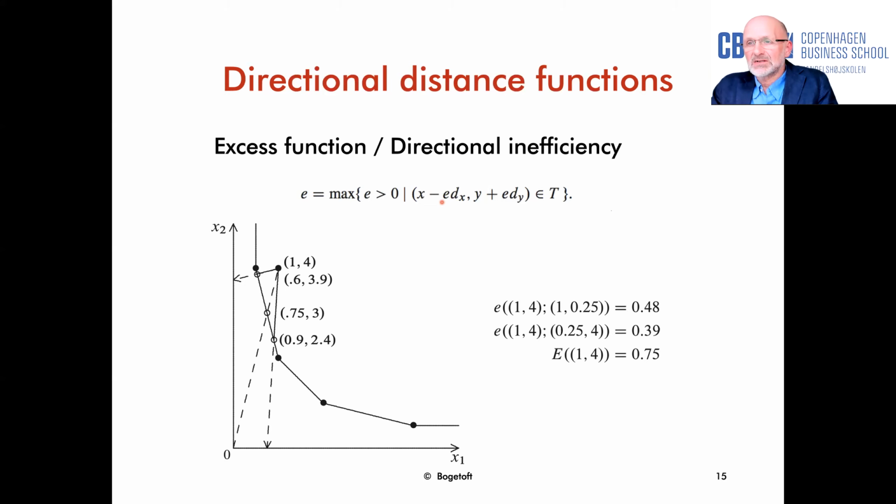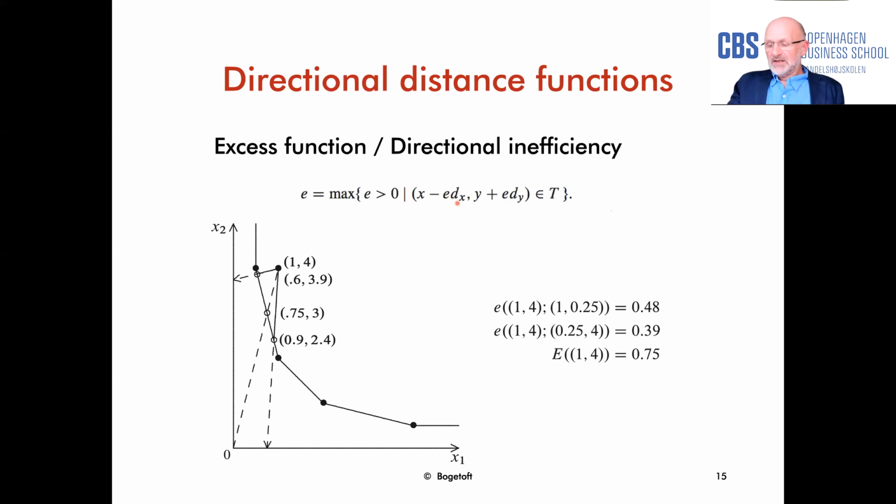You say, how much could I have reduced? By which factor, what's the largest share of my input I could remove? Here we say, how many times could I move from the input vector. So it's an additive measure rather than a multiplicative one.